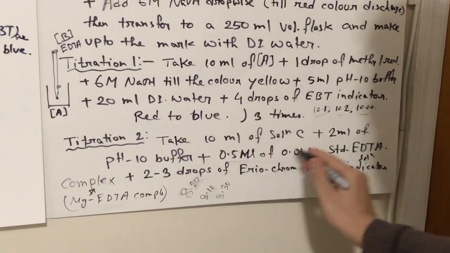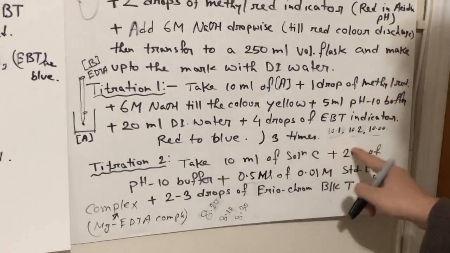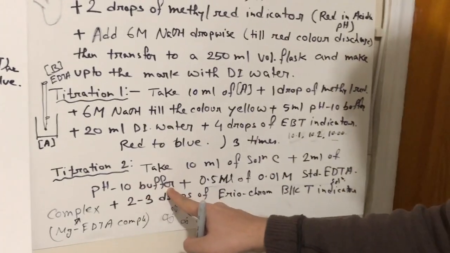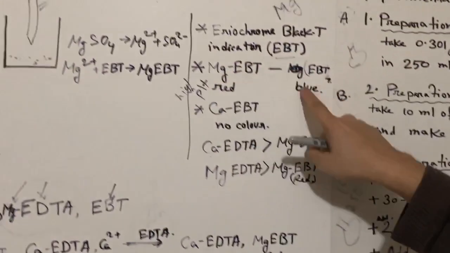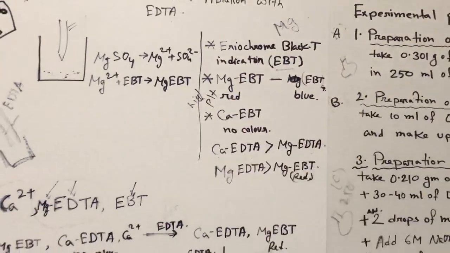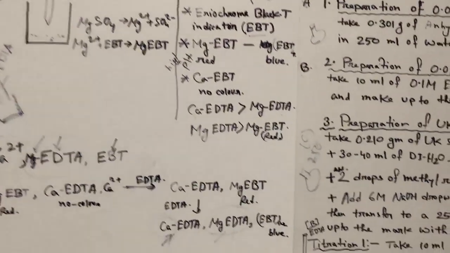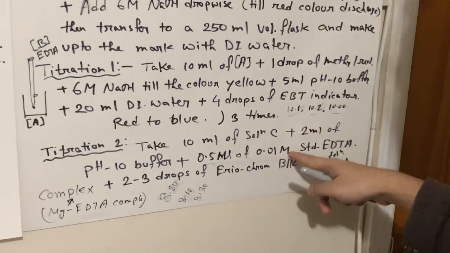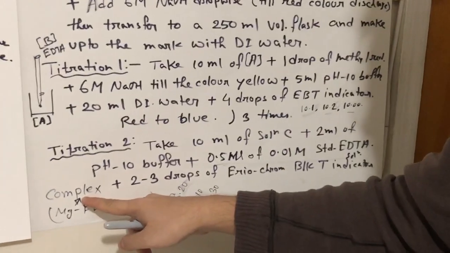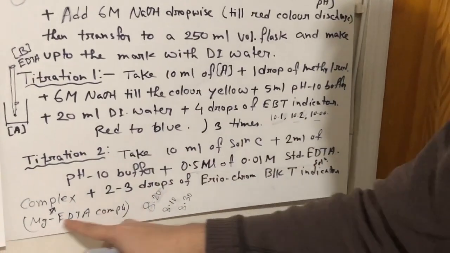This is a calcium ion solution, and then we add 2 ml of pH 10 buffer. What is the reason for adding the pH 10 buffer? Because, as I said, this color change happens at high pH. We are also going to add 0.5 ml of 0.01 molar standard magnesium EDTA complex.